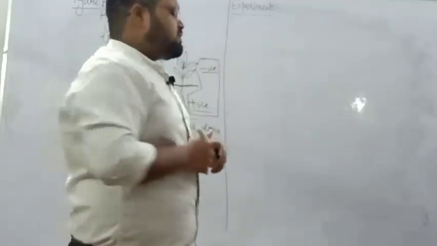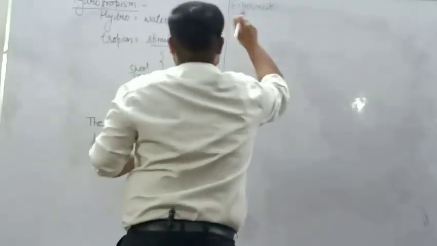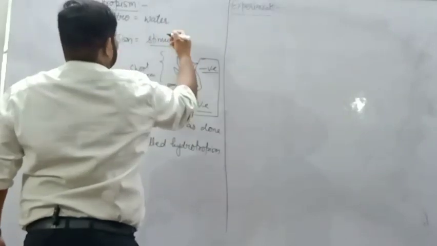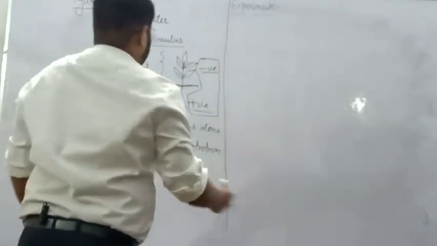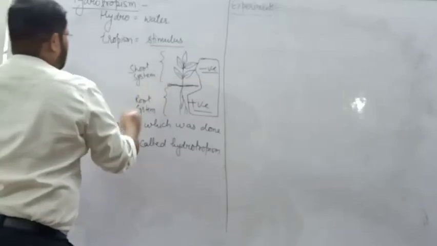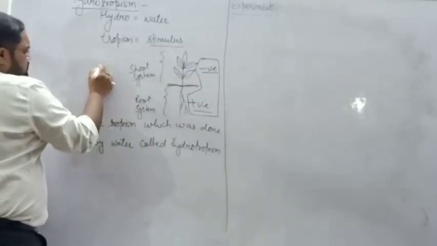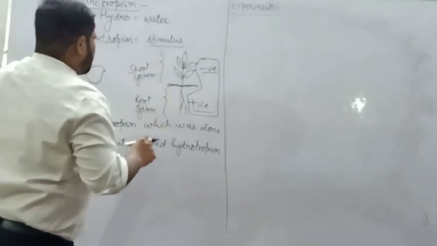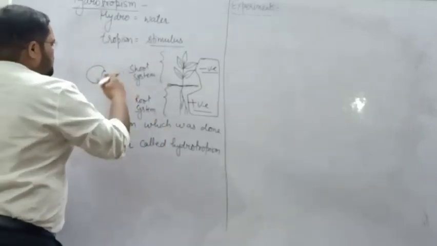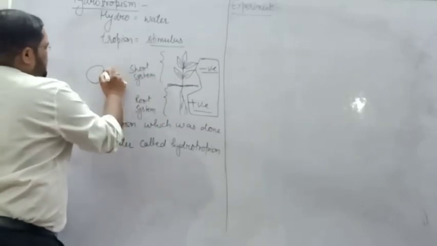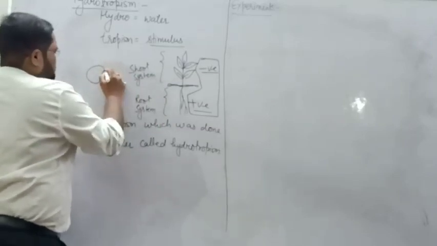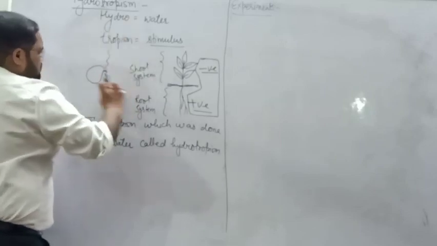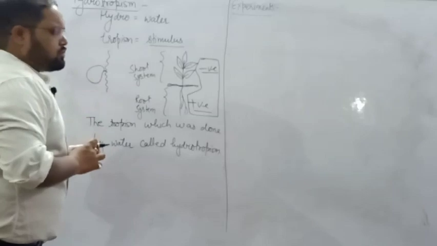Some simple thing: you saw a bean. Suppose a bean, just like chana is a bean, and you kept it for 1 day in the cold. After 1 day you will see that one outgrowth moves from this side and one outgrowth moves from this side.